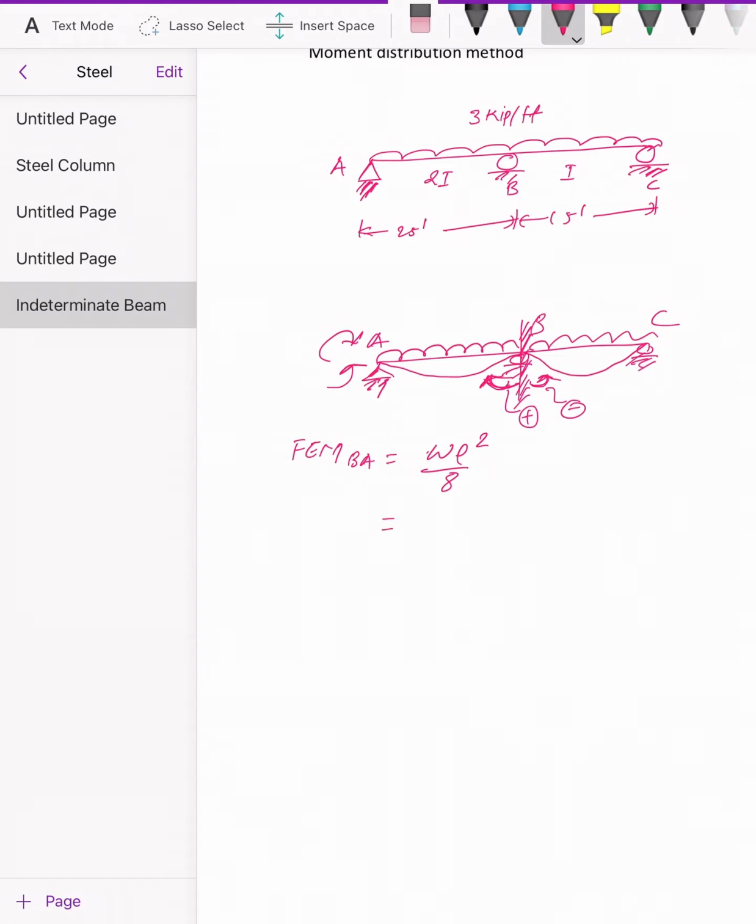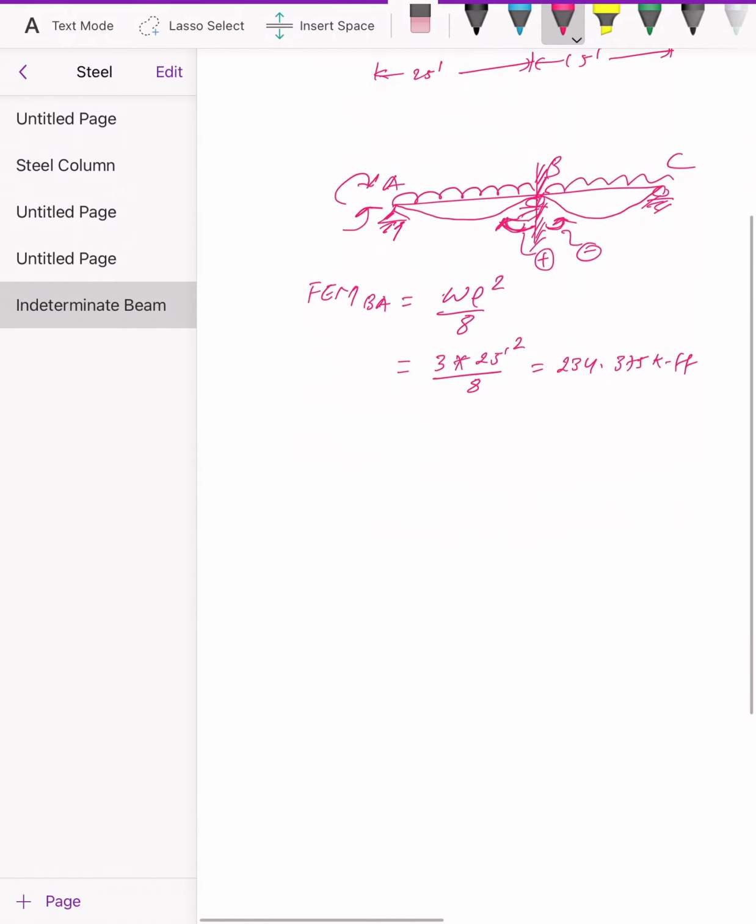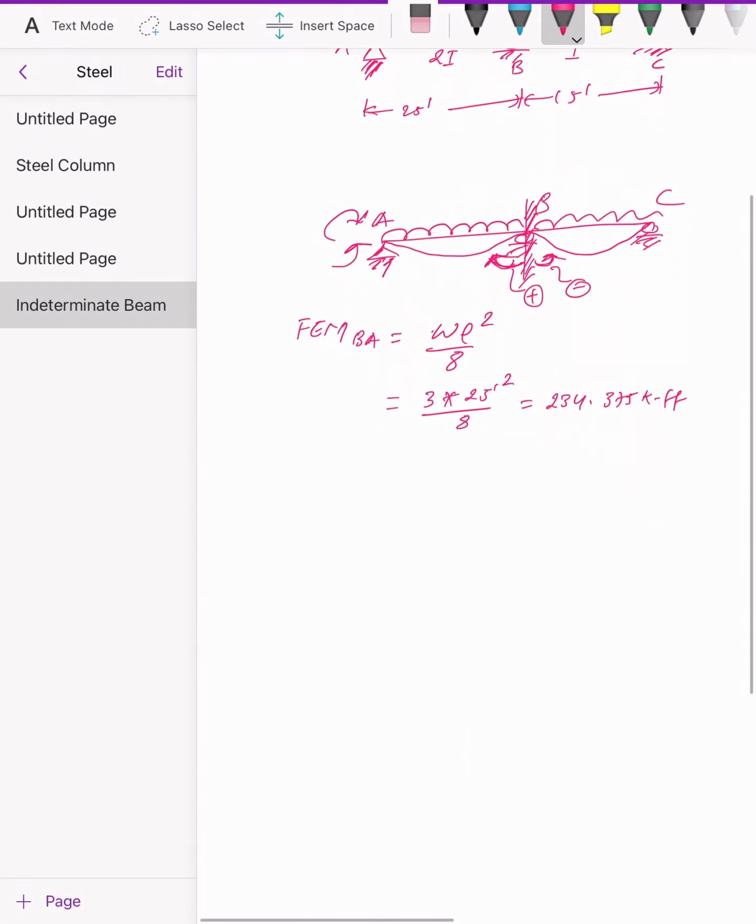So our W is 3 kips per foot. WL squared, what is our length? It's 25 feet squared over 8, which gives us 234.375 kip-feet. Again, the fixed end moment for span BC is equal to minus WL squared over 8.